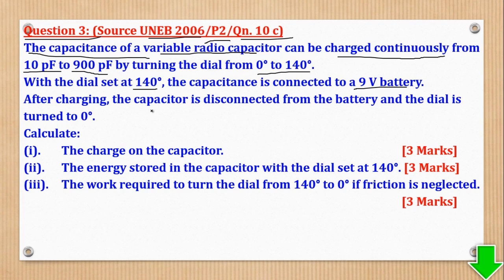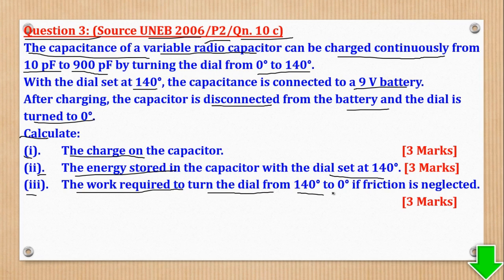After charging, the capacitor is disconnected from the battery and the dial is turned to 0 degrees. Calculate (i) the charge on the capacitor, (ii) the energy stored in the capacitor with the dial set at 140 degrees, and (iii) the work required to turn the dial from 140 degrees to 0 degrees if friction is neglected.